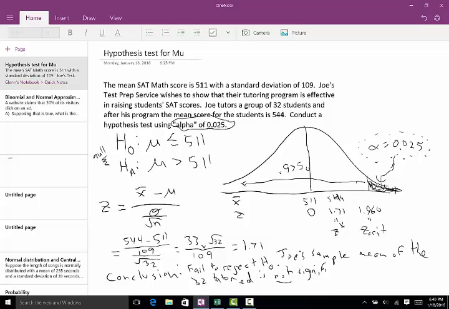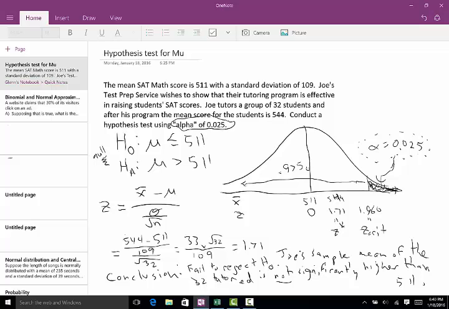Not significantly higher than the SAT score of all students. Okay, so that's what's called the classical approach.